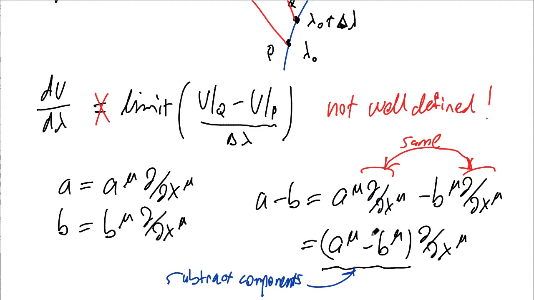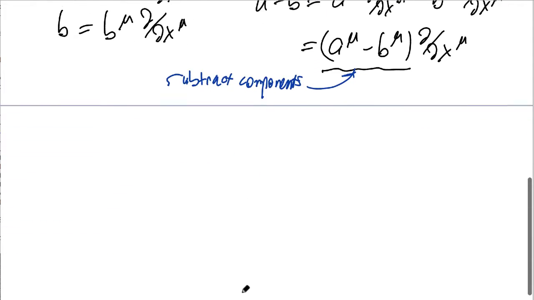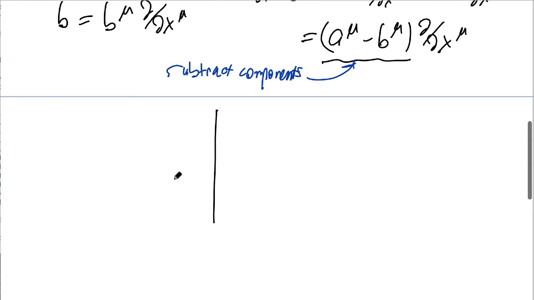On the other hand, if the two vectors don't sit at the same point, then the basis vectors are different. Here's a quick example. Let's just look at polar coordinates in flat 2D space. The basis vectors in polar coordinates at this point look like this. This is d by dr, this is d by d theta.